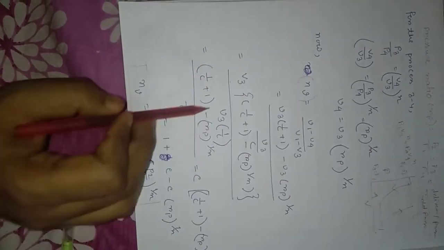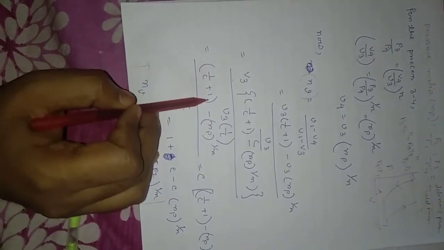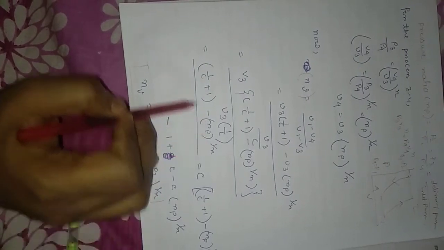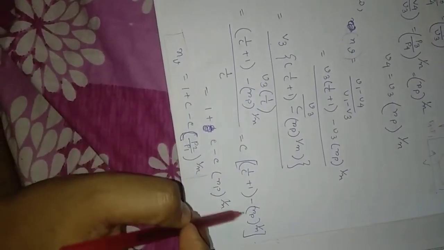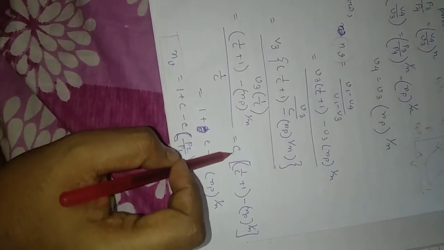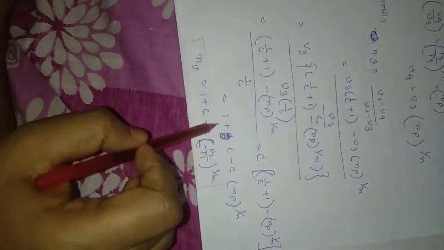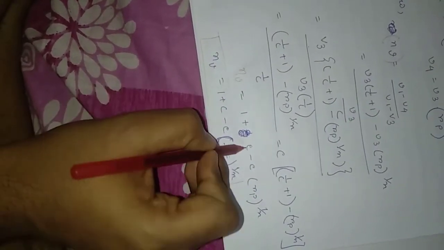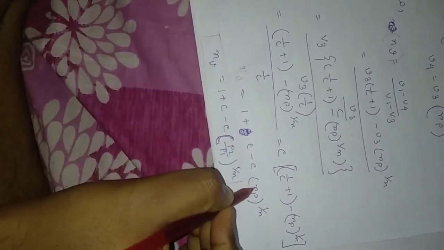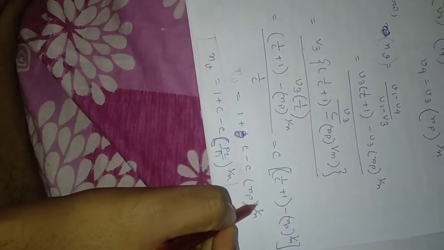So ultimately the expression was 1 plus C plus 1 minus Rp to the power 1 by n, divided by 1 by C. Now these are algebraic calculations, so C will be common from that term. So after all, the final expression of the volumetric efficiency will be 1 plus C minus C into Rp to the power 1 by n.